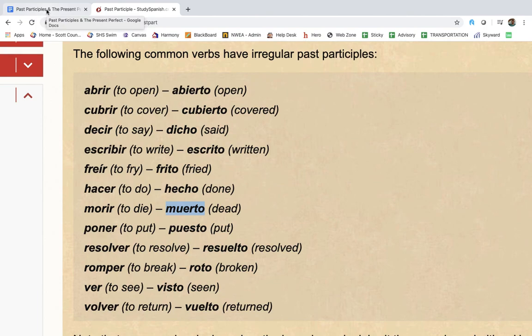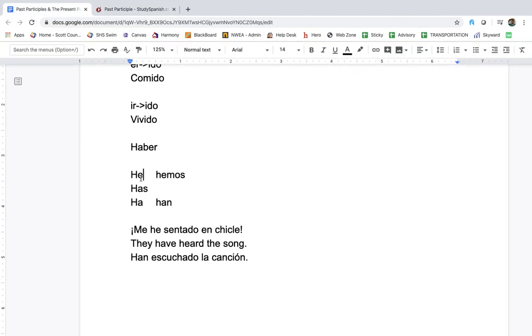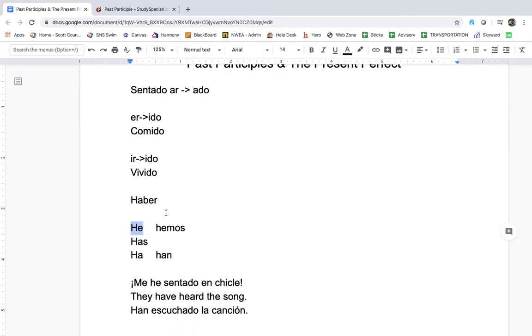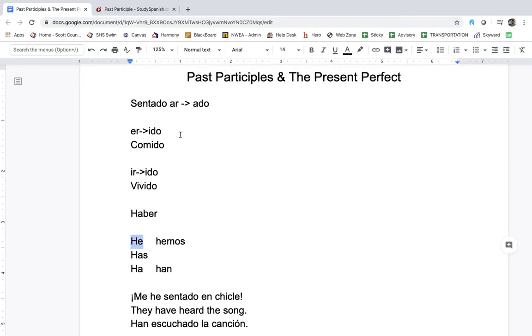And so to respond to that, we're just going to use these, obviously responding in the yo form. He sentado en chicle. I have sat on gum in the past 3 weeks. So whatever it is that you've done, you can go ahead and start making some sentences, writing those down, getting some practice with this. And like I said, we're going to have a conversion over this on Wednesday, and then on Friday we will have a quiz.